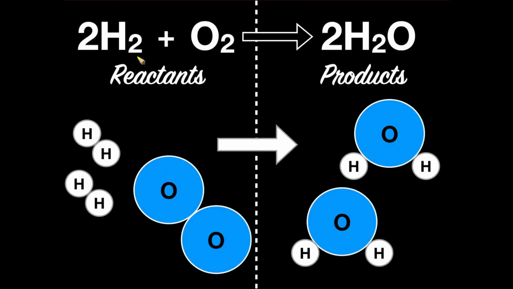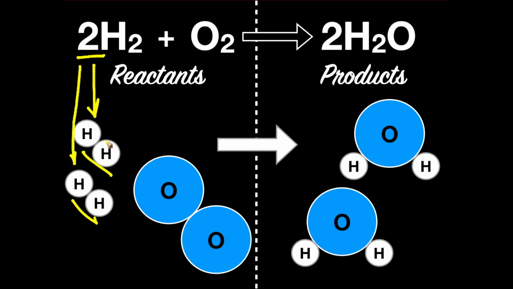When we're discussing the numbers, these big numbers in front refer to the quantity of molecules for this particular gas that exists. So this 2 is referring to the 2 hydrogen gas molecules, which are here and here.